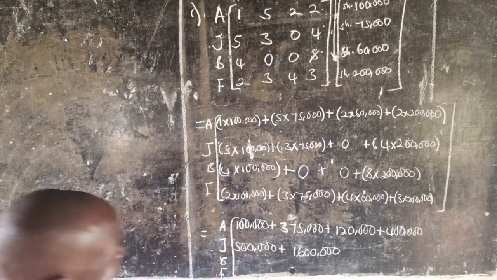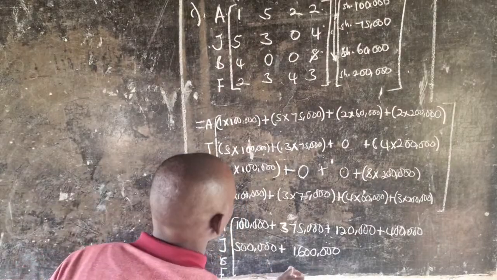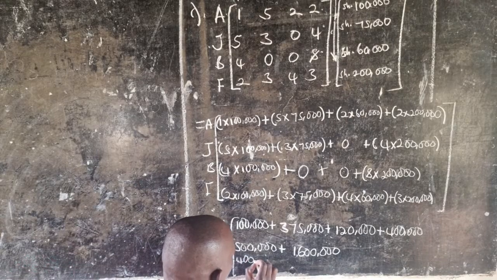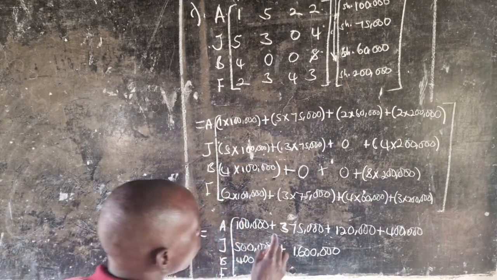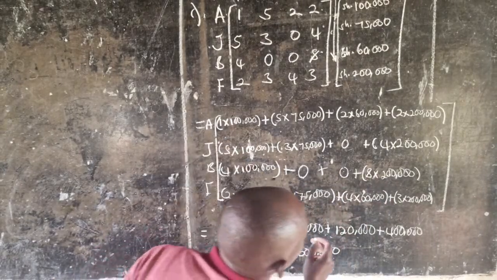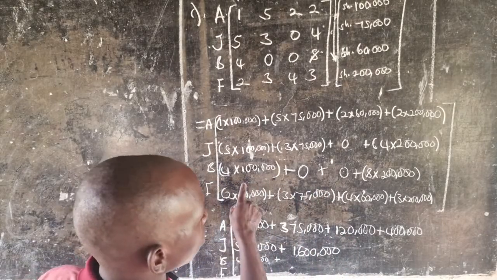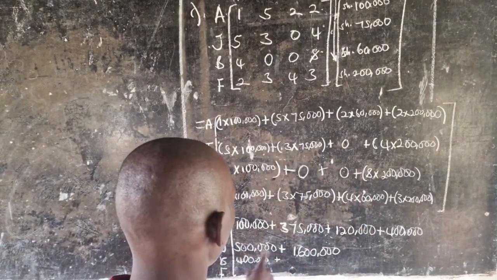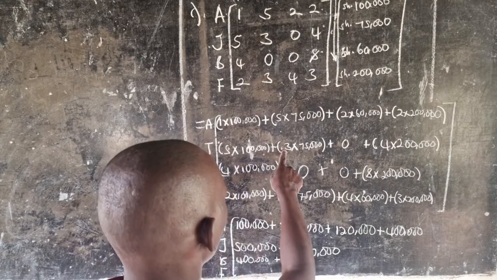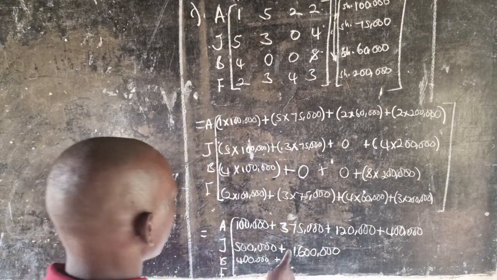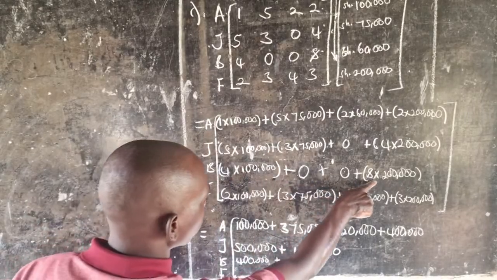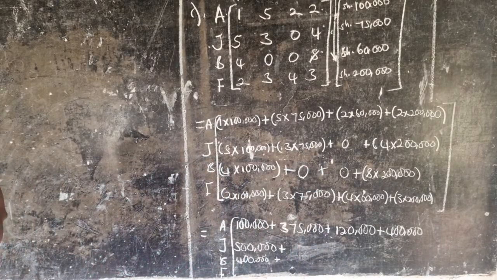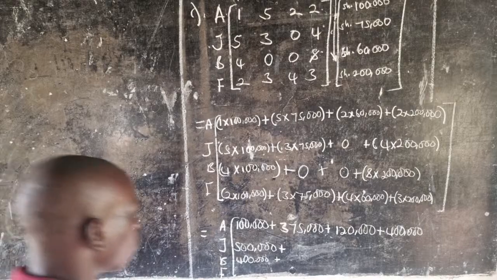Then when we go to Betty, she has 400,000 plus... okay, for Josephine we had 500,000. Okay, there was an error here for Josephine, I included it for Betty. So this is instead 3 times 75. So when you have 3 times the 75, you get 225.